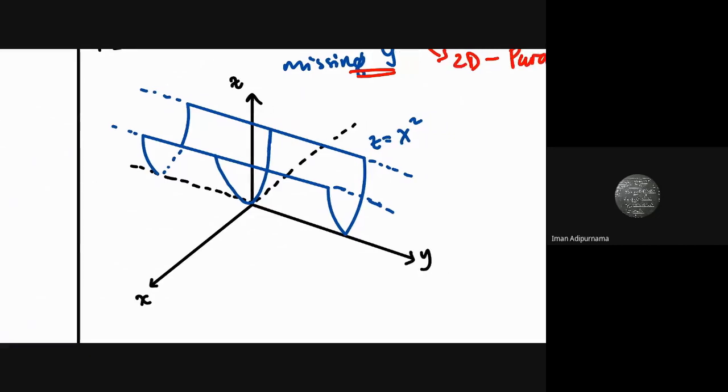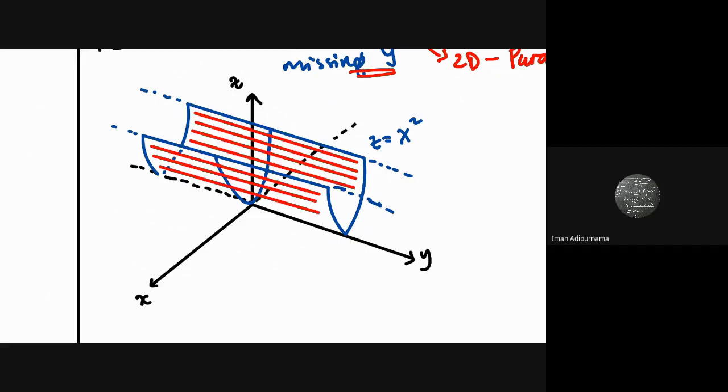The parallel lines in our definition are these lines. All the lines here are parallel to each other, right? And they follow the parabola z equals x squared.